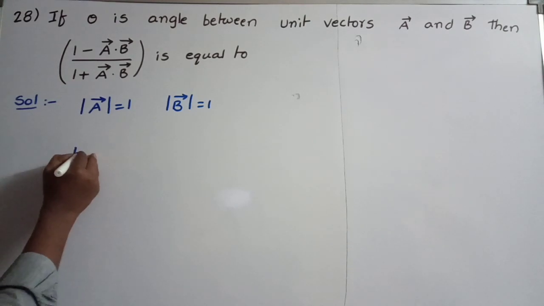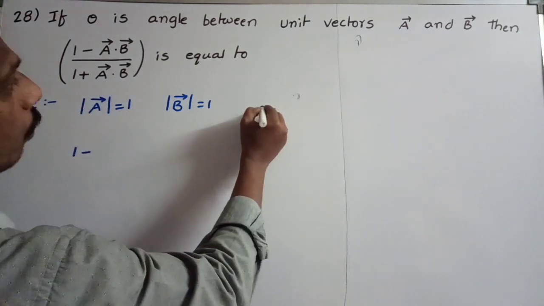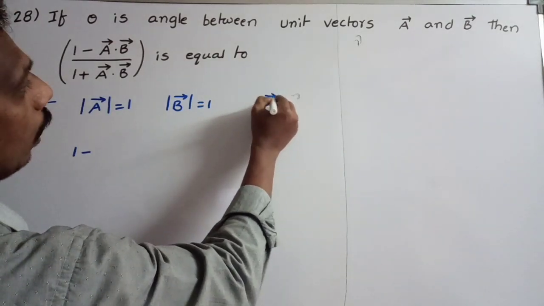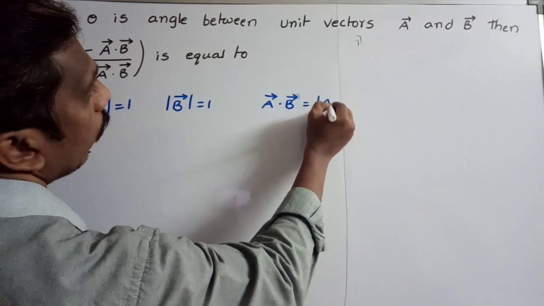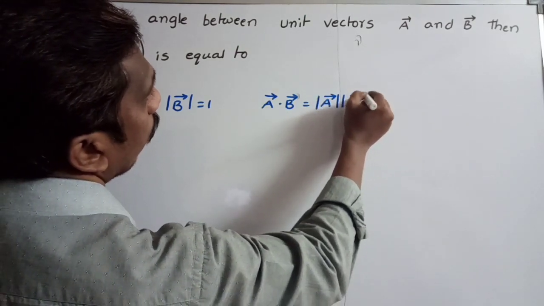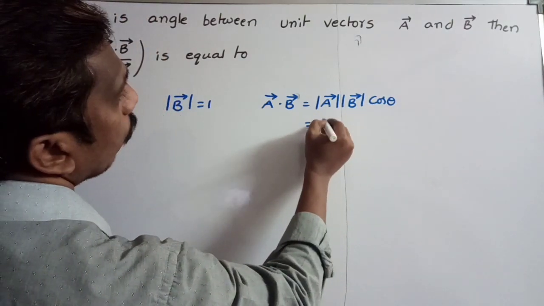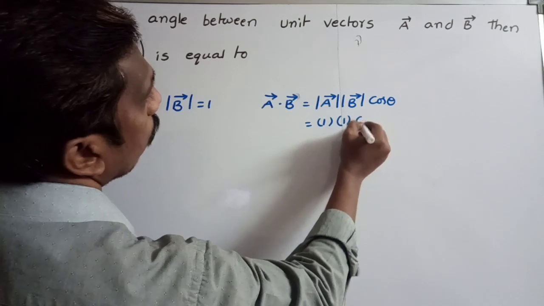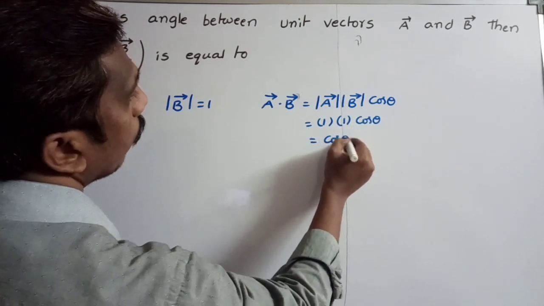First we should find a bar dot b bar value. A bar dot b bar is equal to magnitude of a bar into magnitude of b bar into cosine of angle between them. From this we can get 1 into cos theta, that is equal to cos theta.